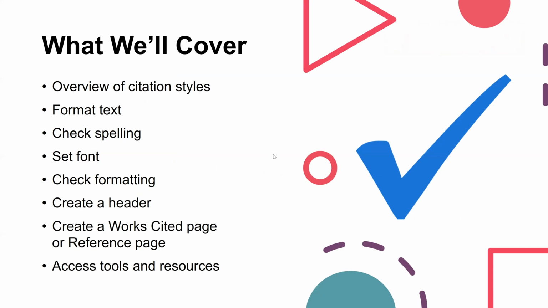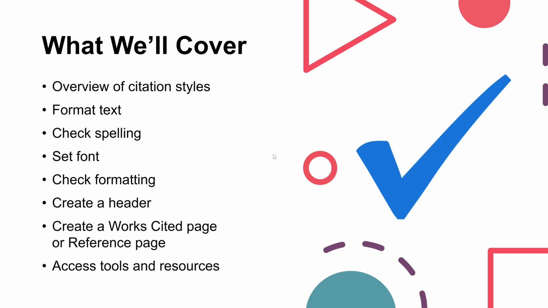So let's talk a minute about what I'm going to cover today. We're going to start out with just an overview of citation styles. I know, Betsy Ann, you touched on that as well, and that this is something that is, if not a little scary for people, something that people dread. It's something that you think, oh no, like Paul said, why do I have to do that? So we're going to talk about that here in just a minute. I'm going to tell you about formatting text, checking the spelling, setting the font, checking your formatting.